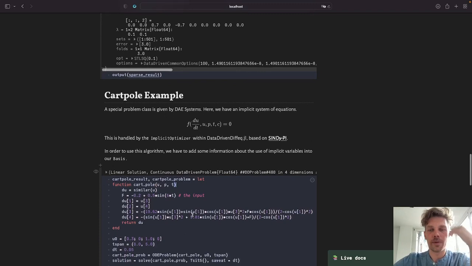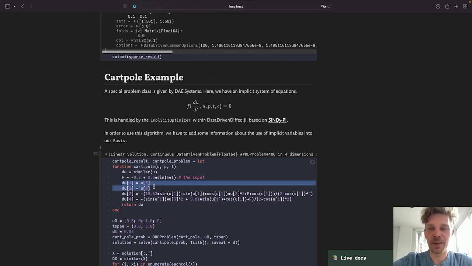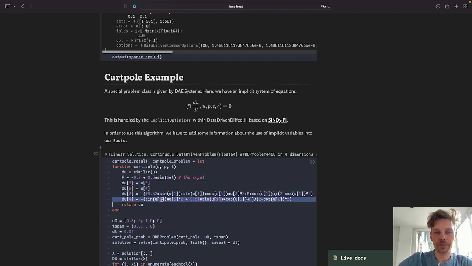In the data-driven part, we again define our simulation problem in this set and include our first scientific prior, because we have a mechanical system, and we know that velocity is the time differential of position. So we just need to identify 2 equations here.